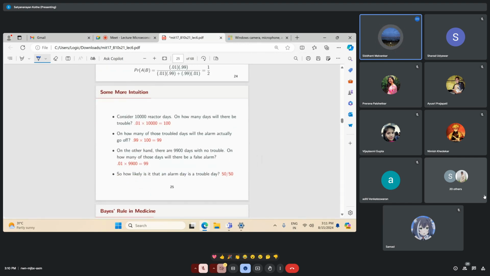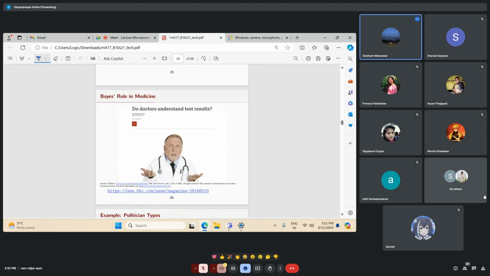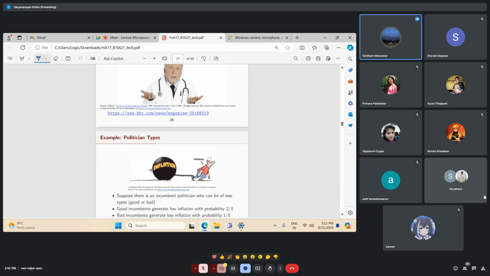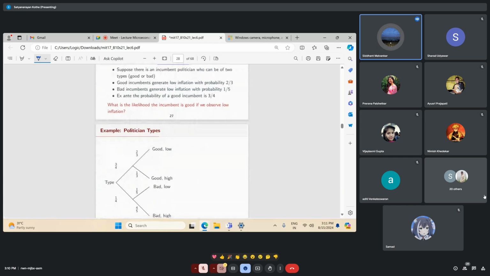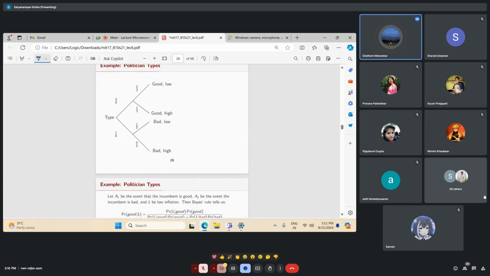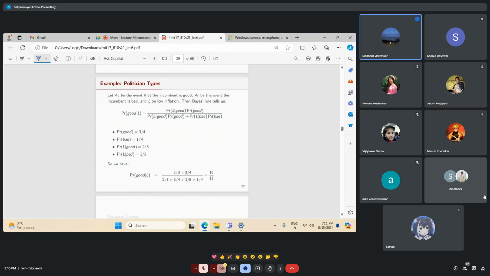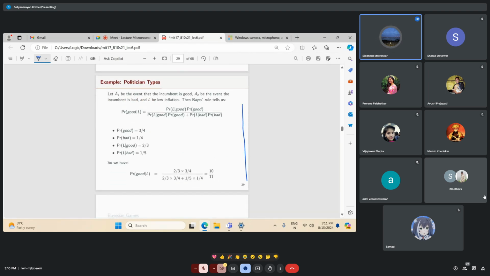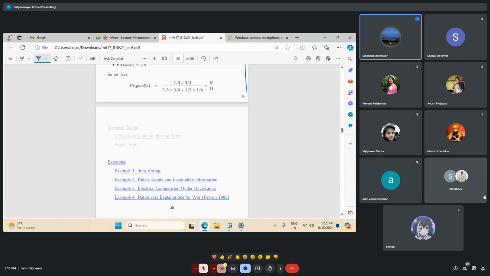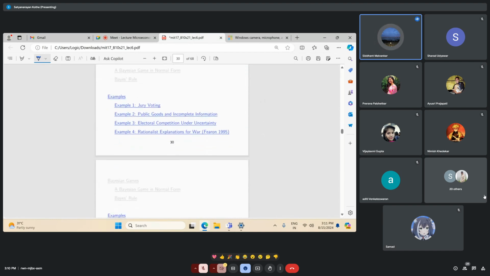You just go through it, but Bayes rule is applicable in many of these scenarios. The examples are given. I won't go through all these examples, you just go through and try to understand them.